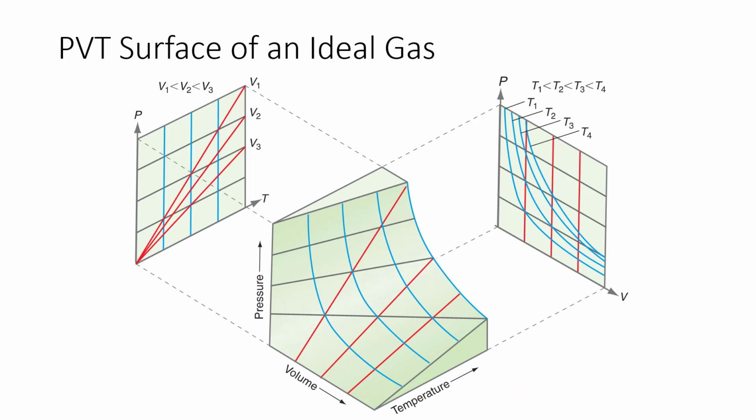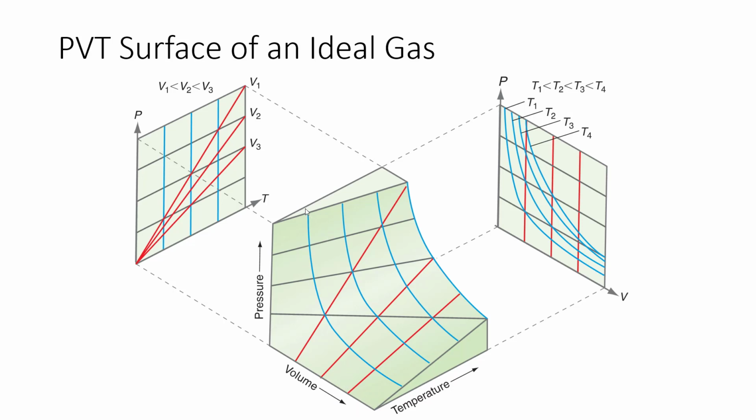So here is a PVT surface for an ideal gas, which is much simpler than the previous PVT surface. In this PVT surface we have volume and temperature along these two axes, and then pressure is represented by the surface over this volume and temperature plane.